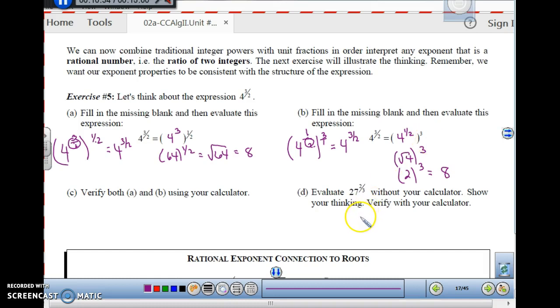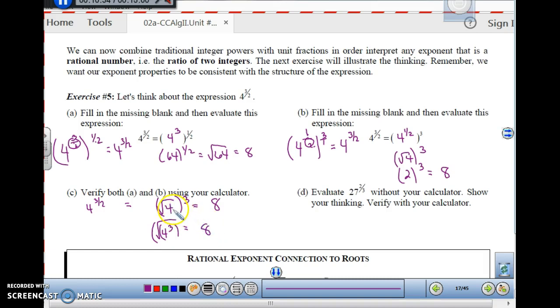All right, so what is this telling me? That is telling me that 4 raised to the 3/2 power, I could write it as the square root of 4 cubed and get 8, or I could do 4 cubed, take the square root, and I still get 8.